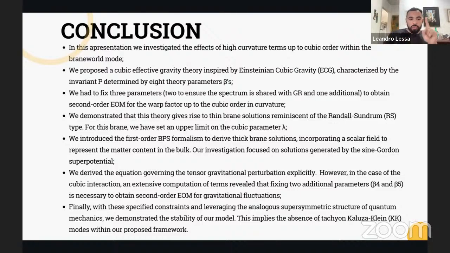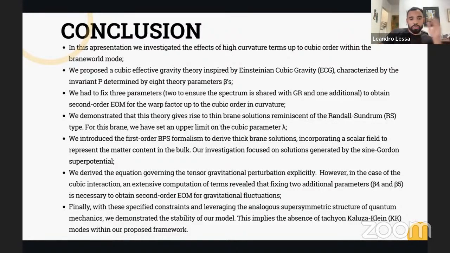The first two ensure the spectrum is shared with general relativity, and you choose another one. If I sum that, we obtain the second order equation of motion for the warp factor of the cubic order curvature. So it demonstrated that these theories give rise to thin brane solutions.